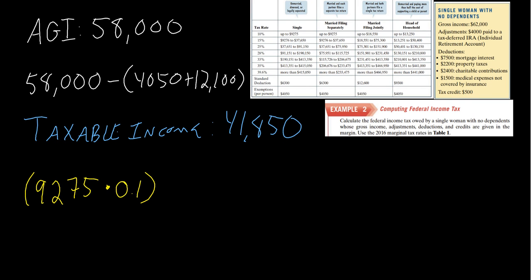Plus, now the next bit is going to be taxed at 15%. So the amount of money between 37,650 and 9,275. I'm just going to use the calculator for that because I'm going to run out of room. So 37,650 minus 9,275 is 28,375.